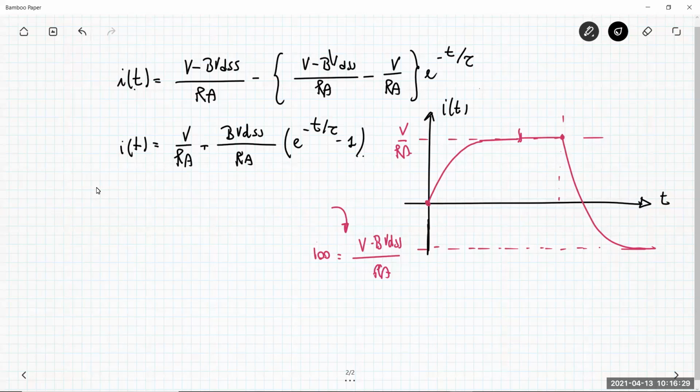So here you have this quantity. Of course, when the current goes negative here, in that specific region, this evolution is not describing something physical, okay? It's just a mathematical abstraction you can have. Of course, when the current goes to zero, the MOSFET reaches its steady state condition, the fully open situation, okay?